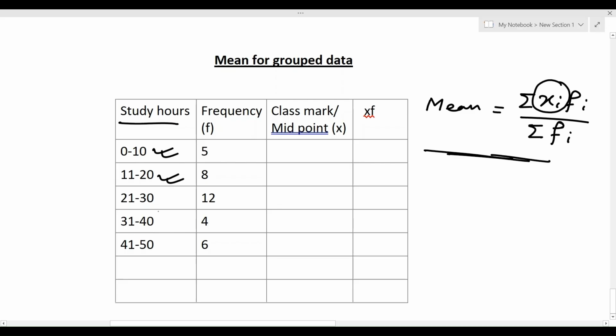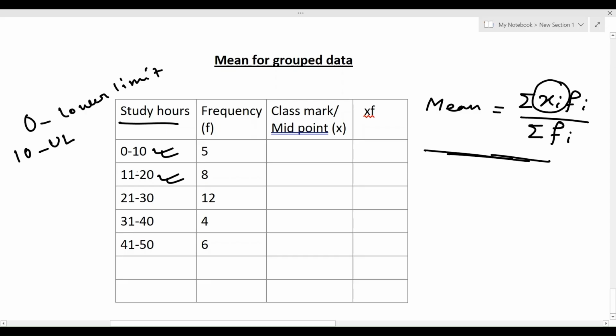So first, to calculate the mean, we have to find out the midpoint or the class mark of each of the class intervals. Now, how to calculate the class mark or the midpoint for each class? For example, if we consider the first one, 0 is the lower limit and 10 is the upper limit.